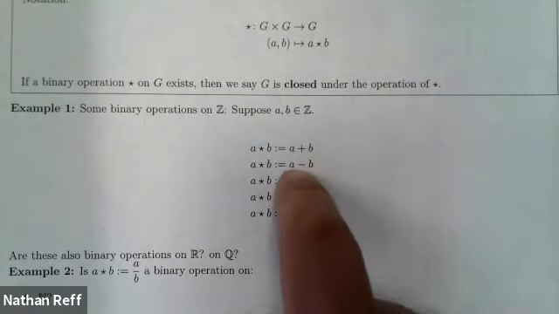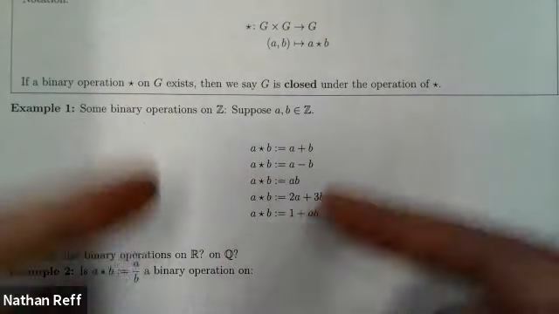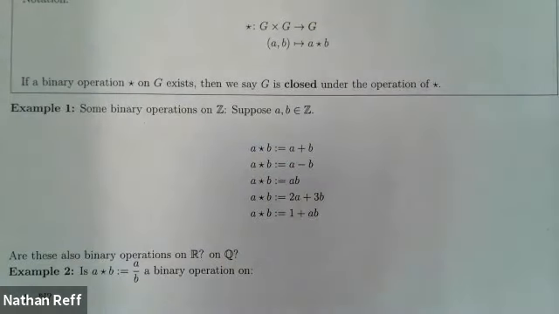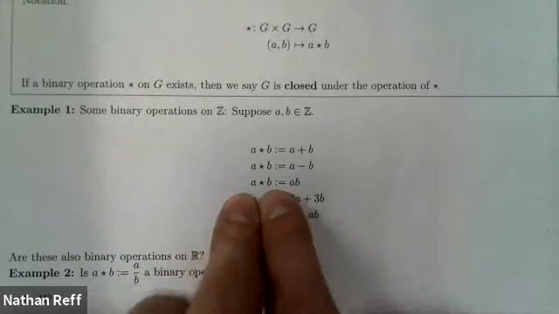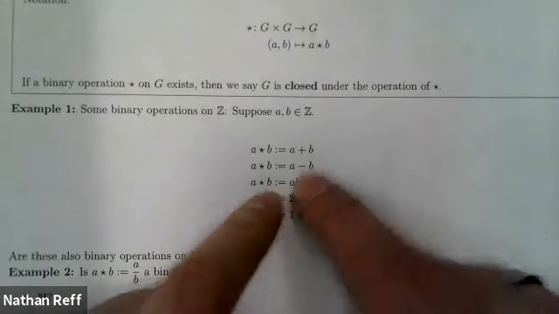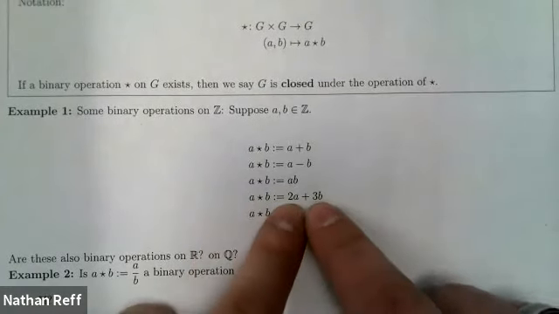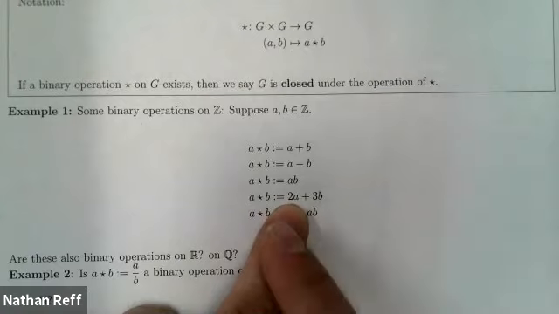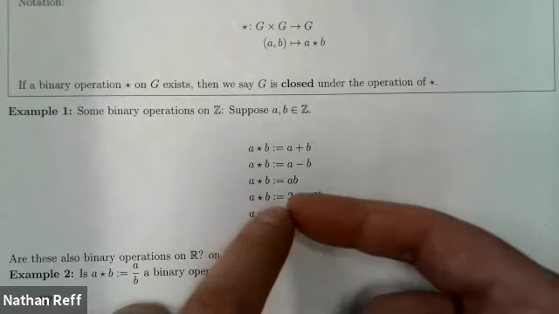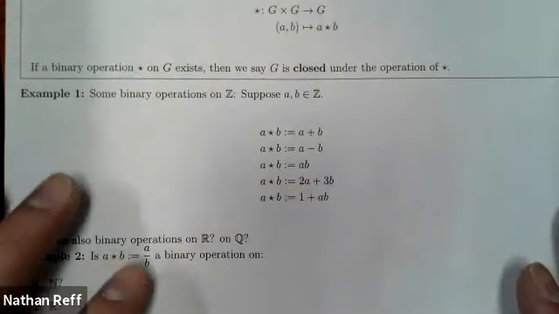Subtraction is a binary operation, right? If you subtract two integers, certainly it'll be an integer. If you multiply them, that will be an integer. If you give me two integers, a and b, and I multiply the first integer by 2, the second by 3, and then add them, that will also be an integer.